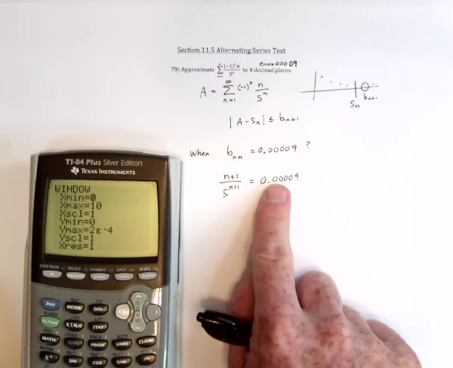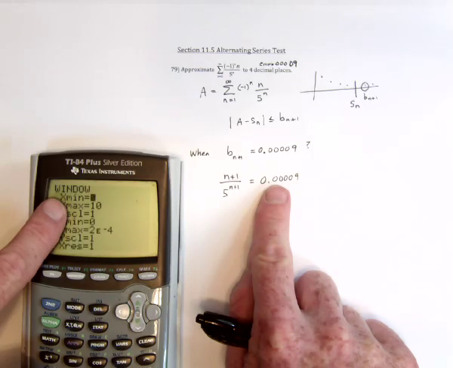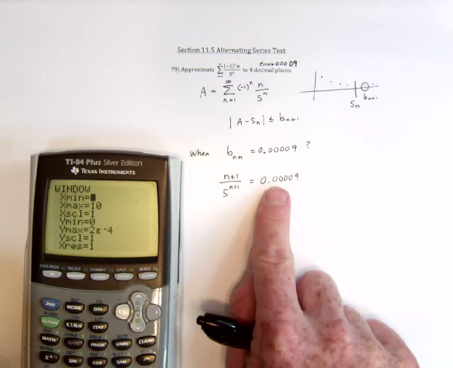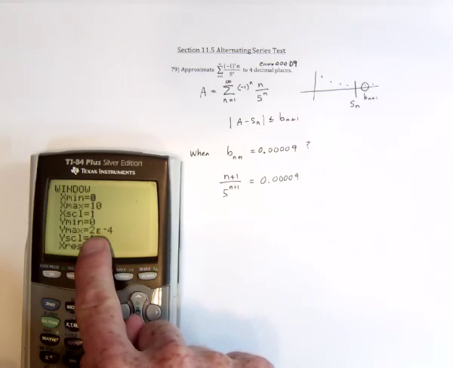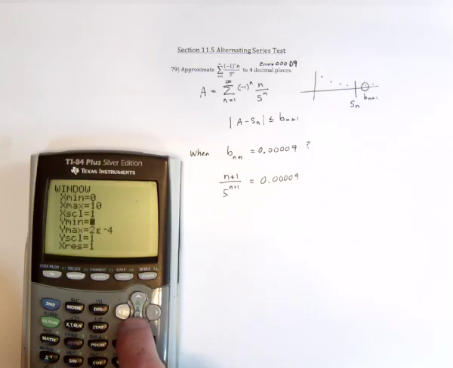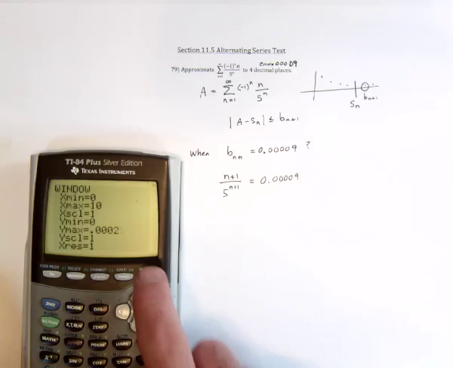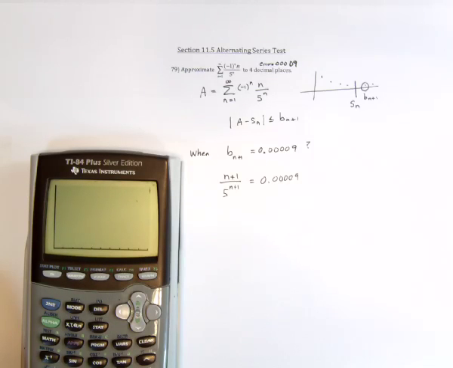And we need that very, very small. So let's say the x's can go from maybe the first 10 terms or so. This needs to be very small, so I could have it go to 0.0002. Should do it. And then graph.